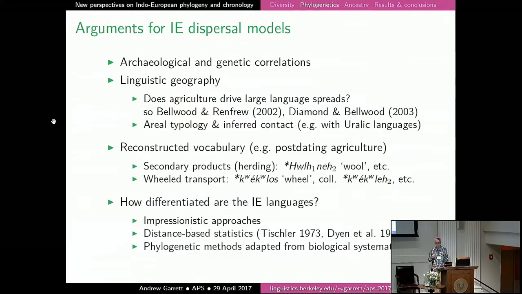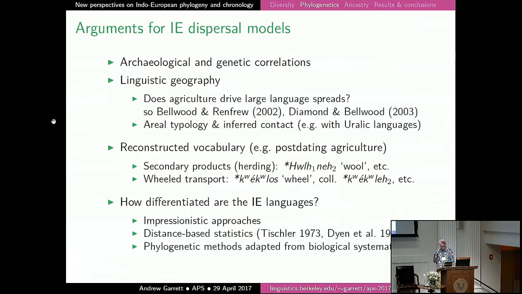And the problems with those correlations are that, obviously, cultural features can be transmitted, so visible archaeologically, and biological features can be transmitted, so visible genetically, without the transmission of language. The two things do not necessarily go in tandem. So the inferences are indirect. And genetic data has not been, until recently, as interesting, as we'll hear later, and archaeological data is always a bit controversial.